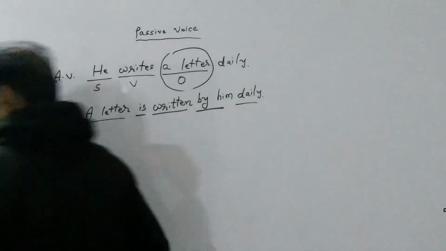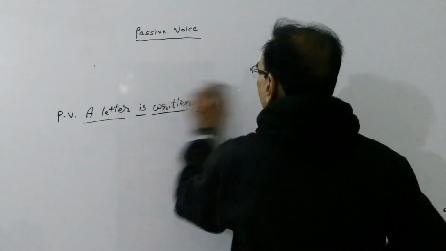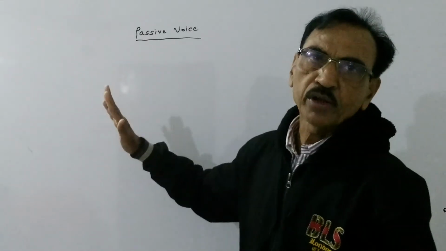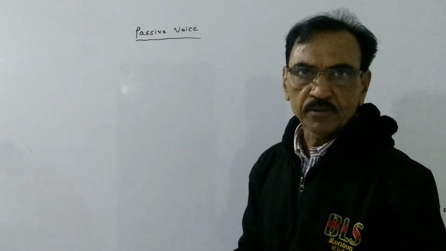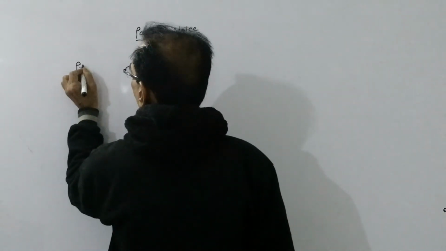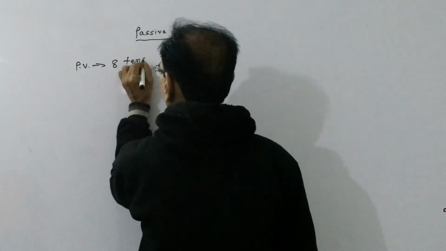So friends, when the importance is given to the subject and it is written in the beginning of the sentence, it is said to be active voice. When we write an object in the beginning of the sentence, it is passive voice. So, passive voice has only 8 tenses.